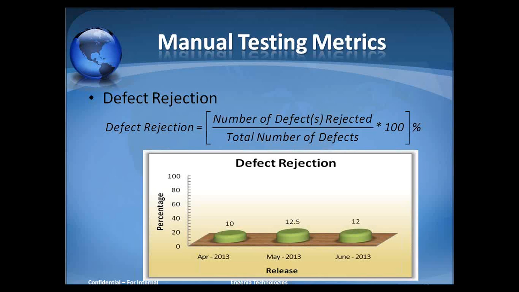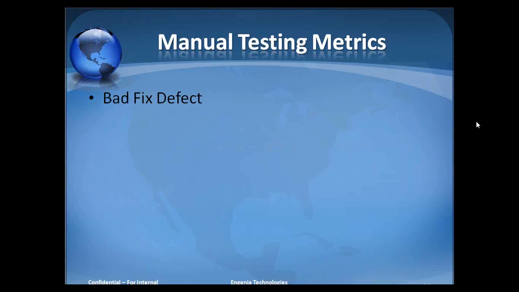For example, in the month of April, we had 10% defect rejection, which increased to 12.5% in May, and then reduced a little bit to 12% in the month of June. Our main target is to reduce this defect rejection rate to a minimum.